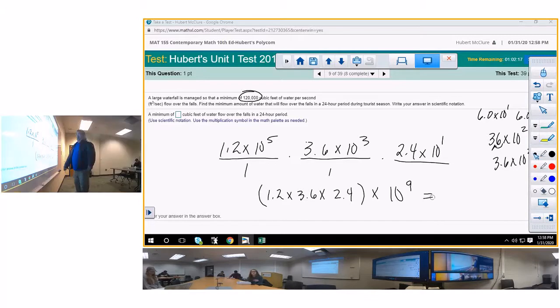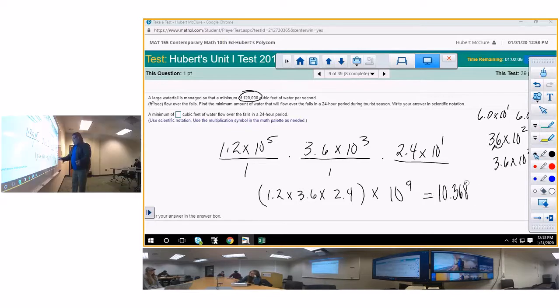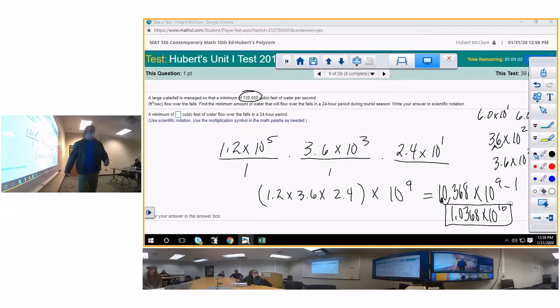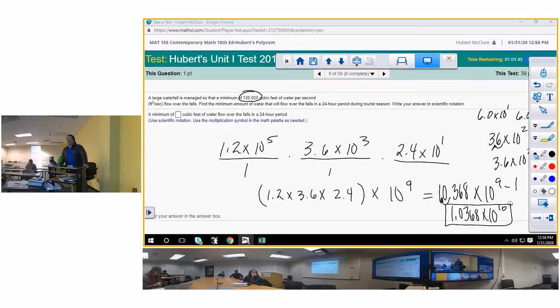All right, what is 1.2 times 3.6 times 2.4? 10.368. 10.368 times 10 to the 9 plus 1 is going to be 1.0368 times 10 to the 10th. I have a feeling that ain't what we got, that we didn't get to the 10th power on the last one. One of these is wrong, unless I'm thinking something wrong.